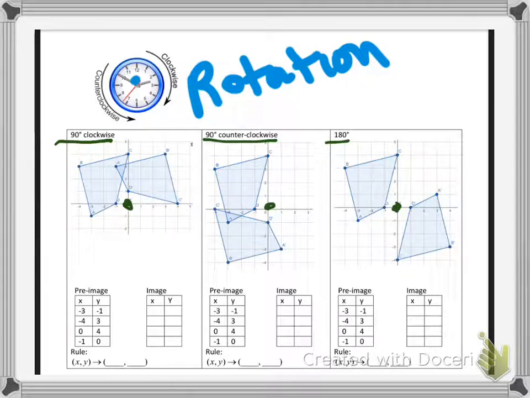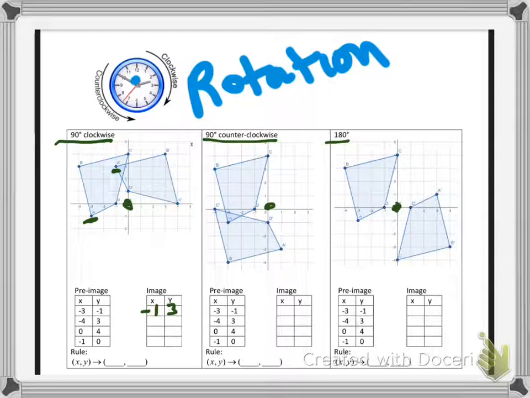So if you take a pre-image which has a coordinate point at (-3, -1), and rotate 90 degrees clockwise, it goes to (-1, 3).